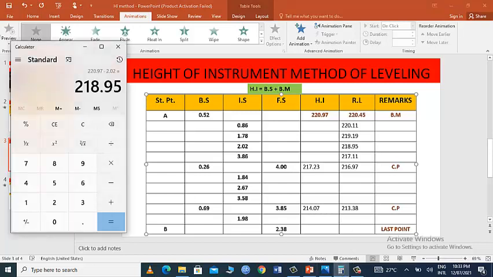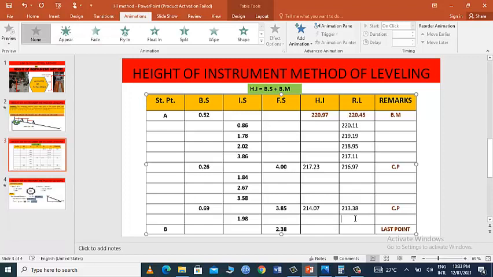Now to get this reduced level, we will subtract 1.98 from 214.07. Let's use the calculator. To get the reduced level of this point, we will subtract 214.07 minus 1.98, that comes out to be 212.09.